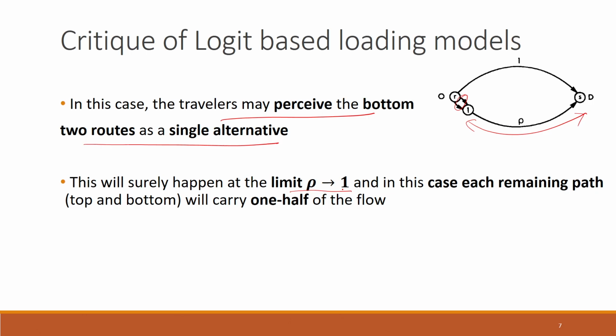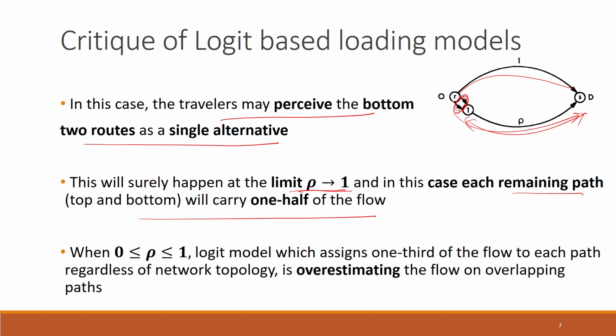Then in this case each of the remaining paths will carry 1/2 of the flow. That is, when this portion is very small, almost going towards 0, that is rho is going towards 1, then ideally half of the flow should be assigned to this topmost path and half of the total flow should be assigned to these bottom two paths, because effectively these two bottom paths are the same path, because this overlapping portion is almost going towards 0.